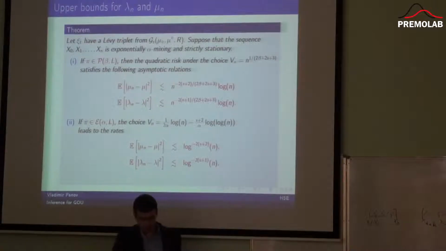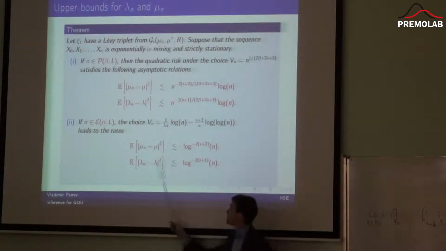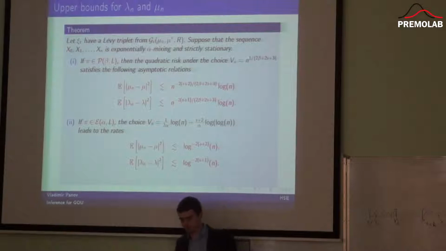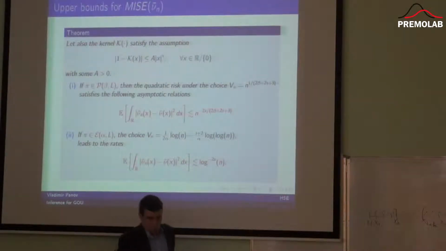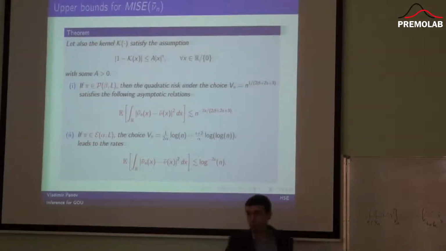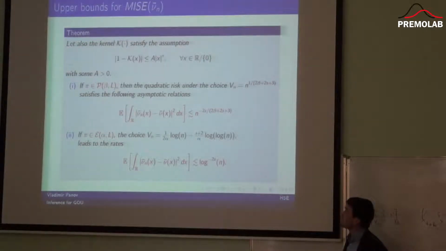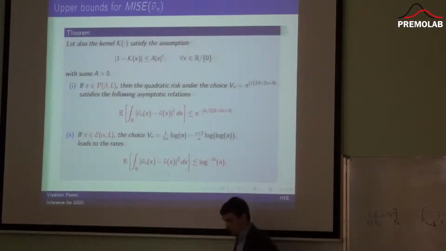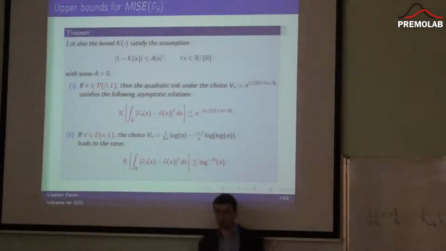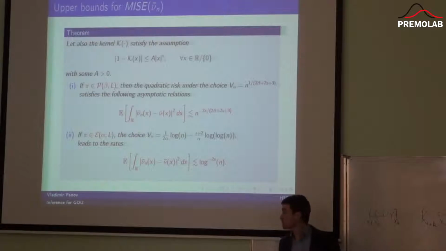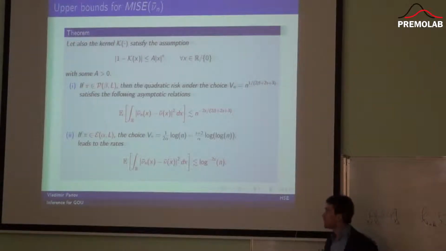This sign, what does it mean? It means up to a constant. So for large n, this is less or equal than some constant product with logarithm. As for the quality of our estimator for the Levy measure, we use one additional assumption on the kernel K. This assumption is well used in the famous book by Alexander Tsybakov, and we borrow some ideas from his book, as many of our colleagues.